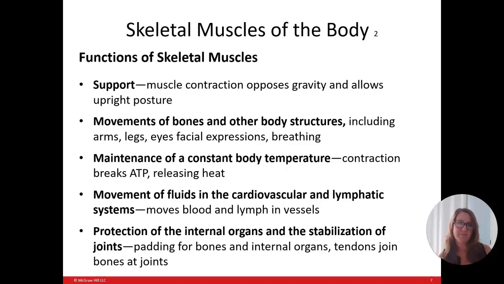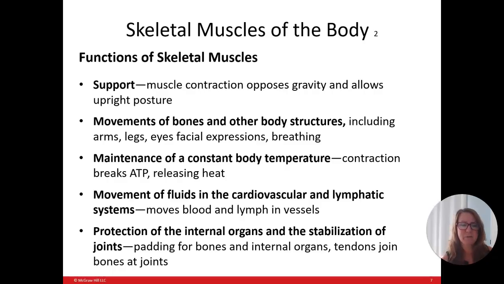Well, essentially our veins are getting helped along with our skeletal muscle from our legs, and that is going to help the blood get back to the heart. So someone may have swollen ankles because essentially the blood is not able to reaccumulate some of those fluids and get it back to the heart. So it's super important for our skeletal muscles to help the veins get the blood back to the heart.